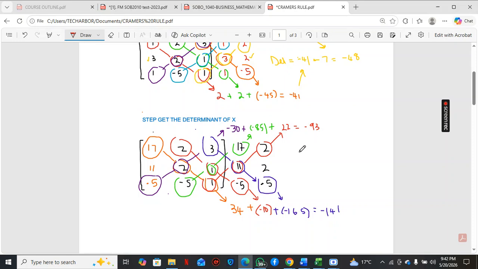So our determinant for x, which we'll call Dx, is the determinant for x. It's going to be negative 141 minus negative 93.